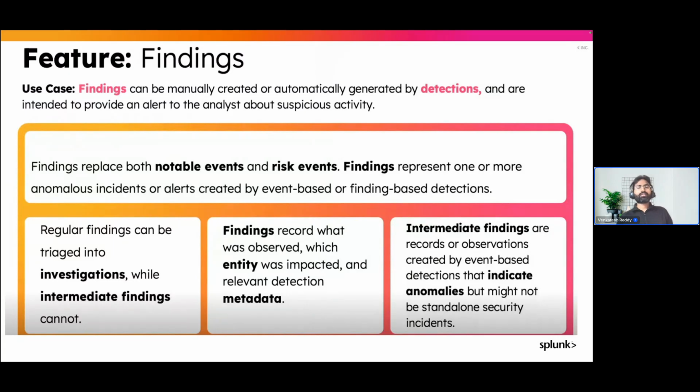Think of it like this: findings are the final judgments, so this needs to be alerted, that's it. Whereas intermediate findings are like the evidence. If you have a couple of pieces of evidence, then only you can trigger that as an episode. So you need to know when to use findings and intermediate findings.